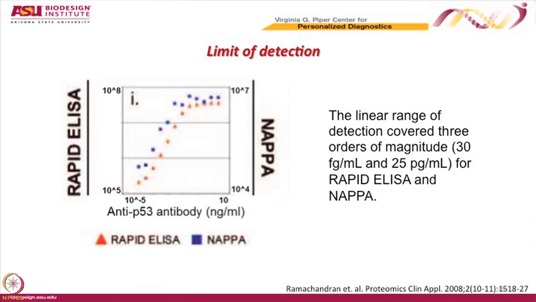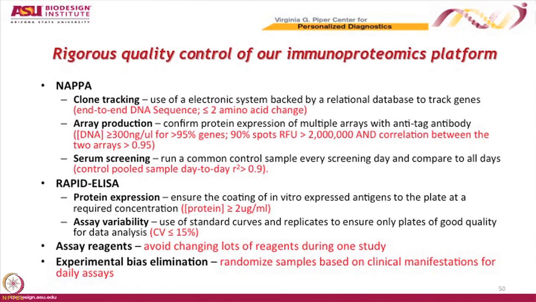All right, so then once you go through all of this, one of the things that you have to do when you develop a platform to start studying these things is you have to start thinking about what are my quality control checks? How am I going to make sure that as I do my experiments, everything is working the way it should be working?